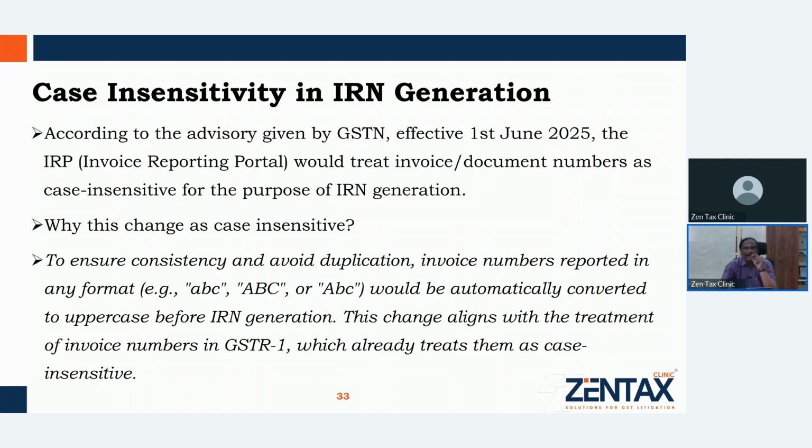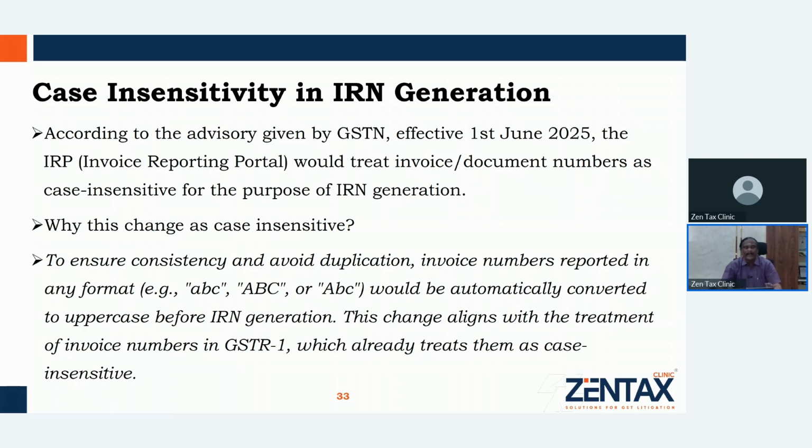So people use a loophole. Suppose there is a bill with prefix ABC1. They will put it in small characters, abc, and then they are able to take the e-invoice again for the same number. For this purpose, they are going to make this alphabetic input case insensitive.